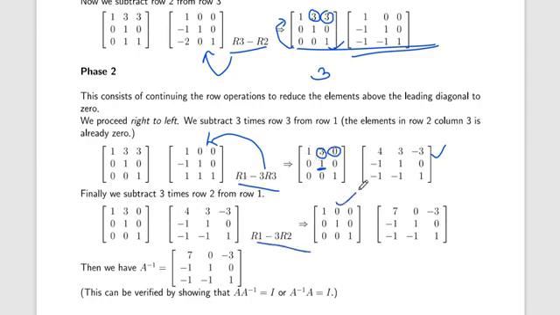So we get the identity matrix, and applying the same operations to the other matrix, we get the inverse. Here you can see the identity, and the same operations applied to the identity matrix give the inverse of the matrix. A into A inverse is equal to I, and A inverse A is equal to I. So this is the inverse of a 3 by 3 matrix using the Gaussian elimination method.